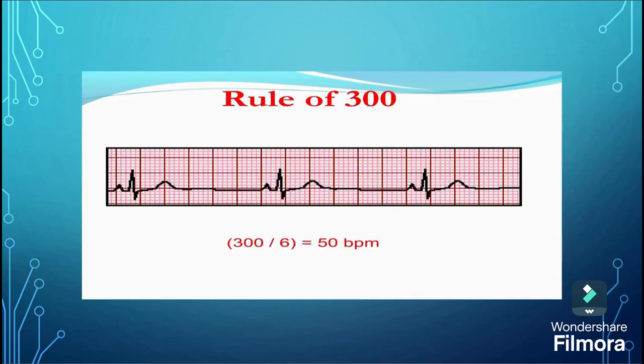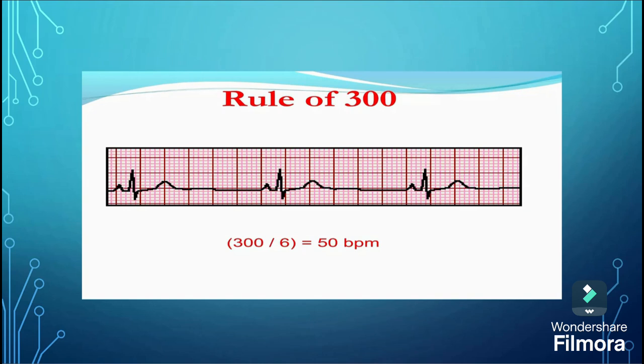Here you can see the QRS complexes, and you can see large boxes here: 1, 2, 3, 4, 5, and we can consider this half and this as a 6.